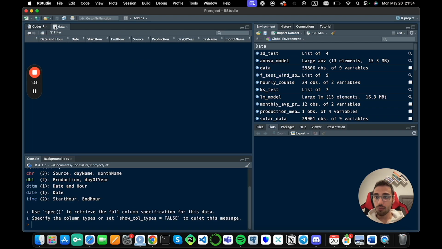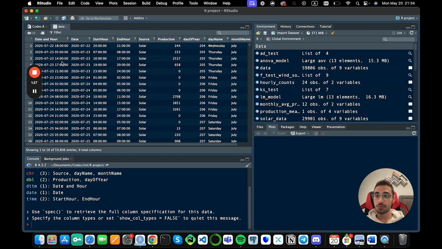Great. And when we open the data here, as you can see, we have date and hour and we have another date. The first one is redundant, so we're gonna remove it later, no worries. So we have a date, we have a start hour and end hour, and as we can see here, they are all 1 hour intervals that we record the production.